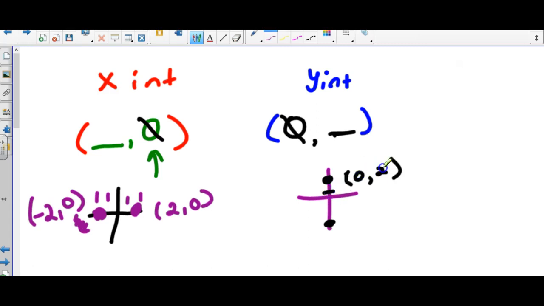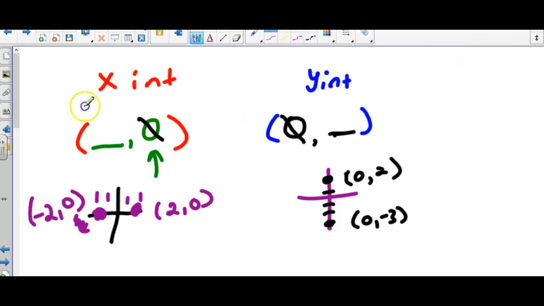I didn't change the x, it went up 2. Well, let's say this was hypothetically -3 right here. That y-intercept would be (0, -3). I didn't go left or right. I just went down 3. So make sure you know these rules right here. That will make solving for the x and y intercept very, very simple.